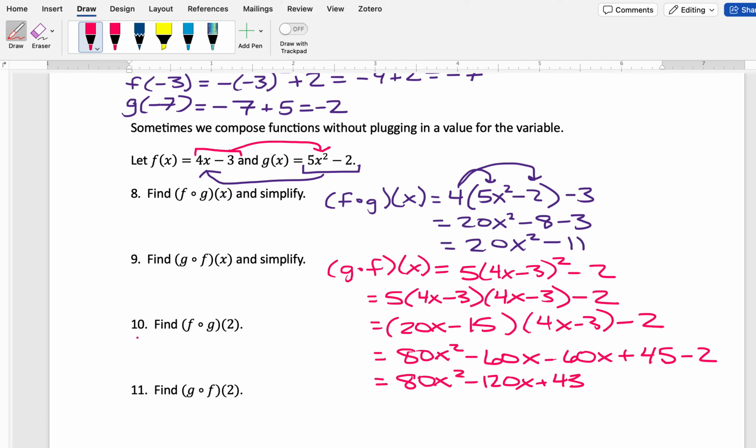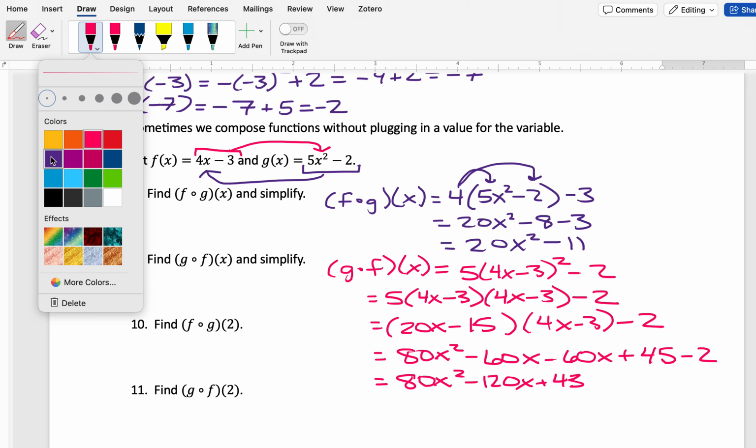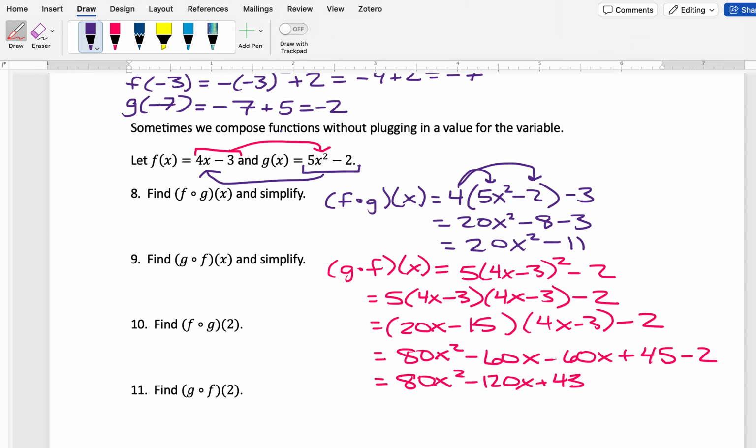So, number 10 says to find f of g of 2. Now we could do this the same way that we did previously, where we plug 2 into g, then get our answer and plug it into f. Since we already have a formula here for f of g of x, we can directly plug into that formula. So I'm going to switch back to purple here so that it matches what I did before. The f of g of x formula is 20x squared minus 11.